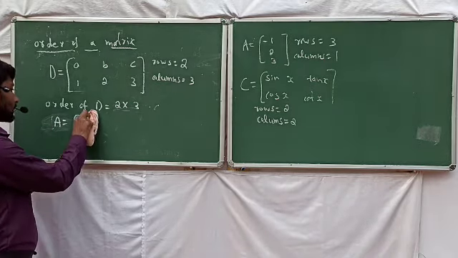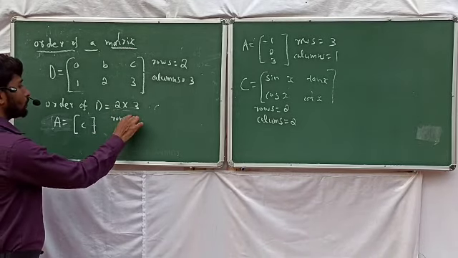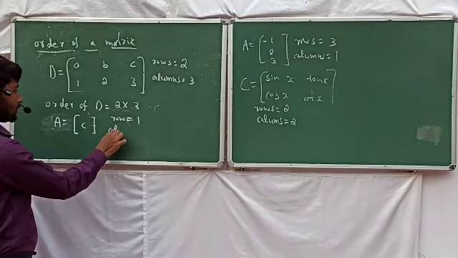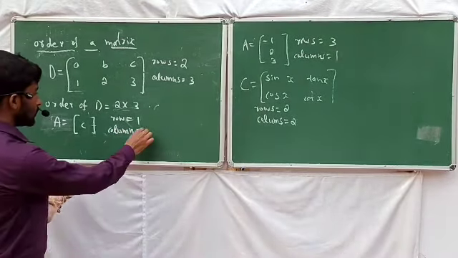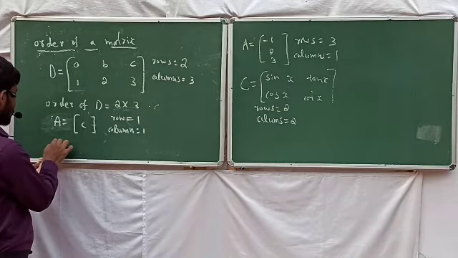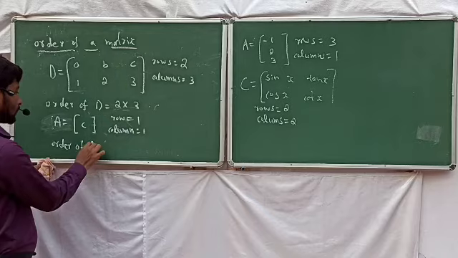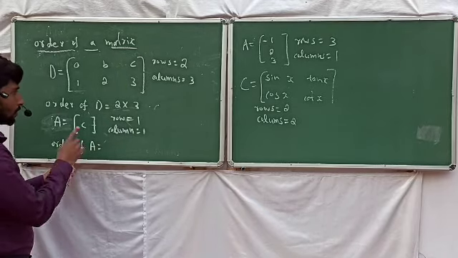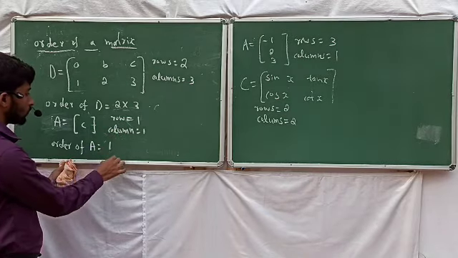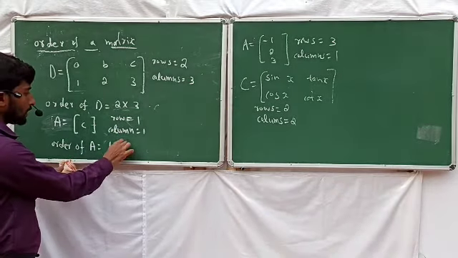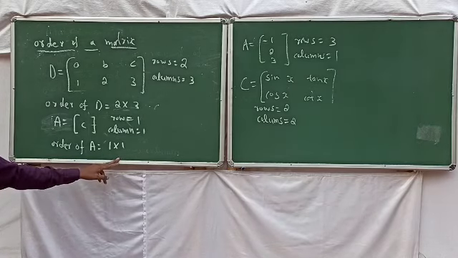So in this matrix, only one row is there and only one column is there. So order of the matrix A is equal to row by column. How many rows? Only one row, by column, only one column. Therefore order of this matrix is equal to 1 by 1.